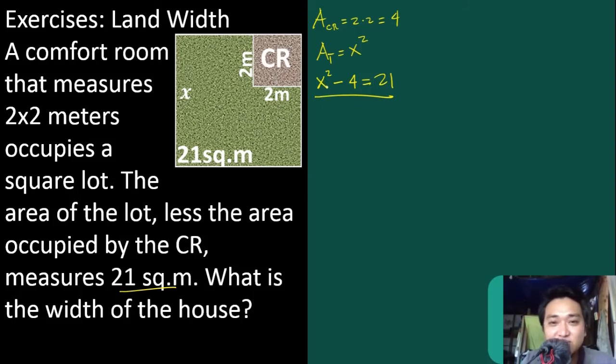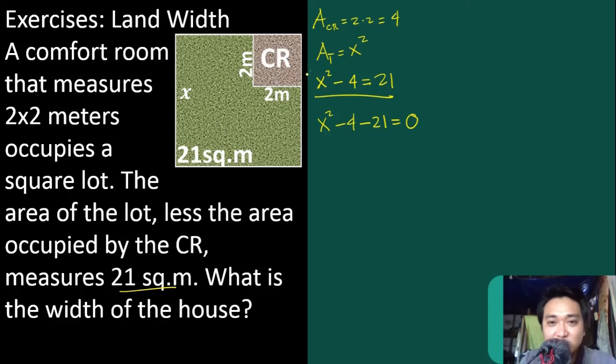So if you have already x squared minus 4 is equivalent to 21, we could express that as x squared minus 4, transpose 21 to the other side of the equation. That becomes negative 21. And syempre, ang matitira na lang dito is 0. Bakit naging 0 yan? Just imagine, we add both sides by negative 21.